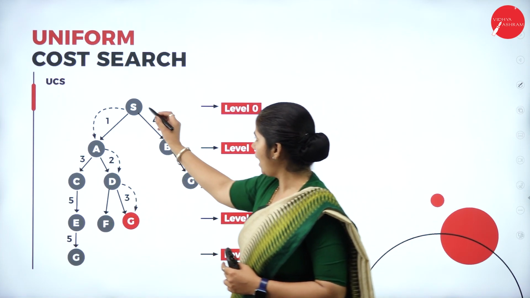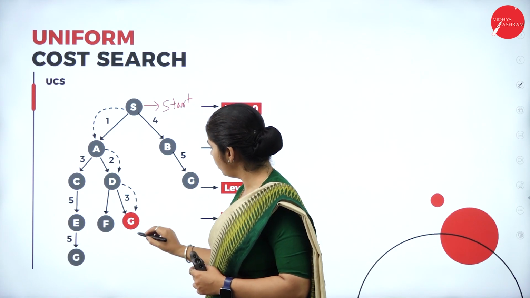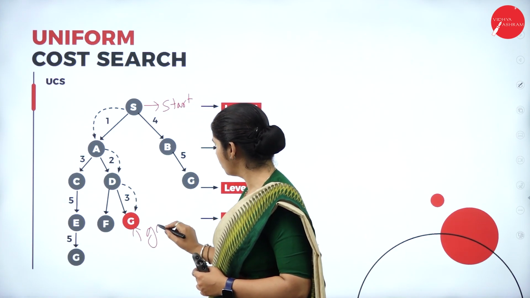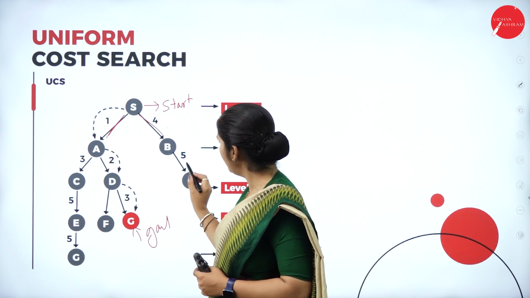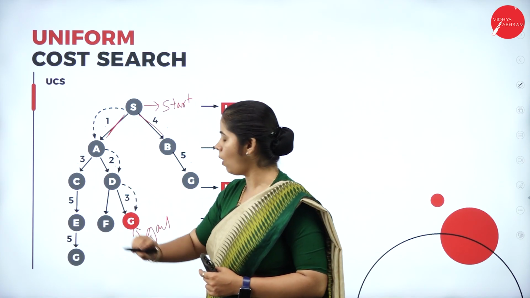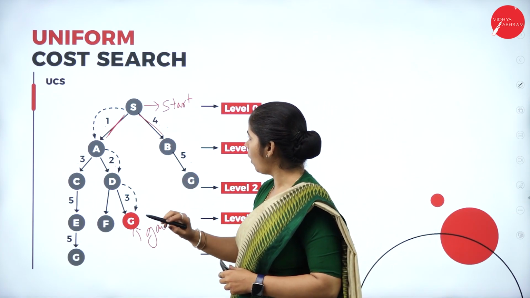Here we have a start node. S is the start node. We have to reach the goal node. Each edge of the graph is given a weight or cost.